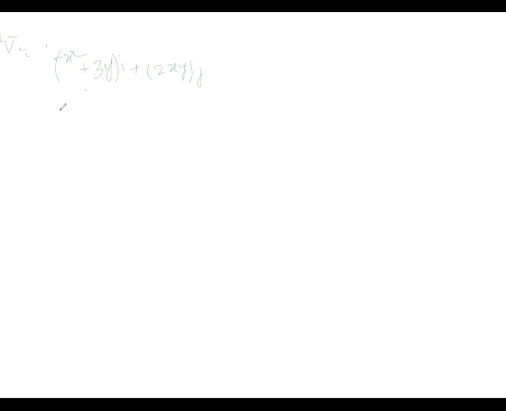From that, u equals −x² + 3y and v equals 2xy.